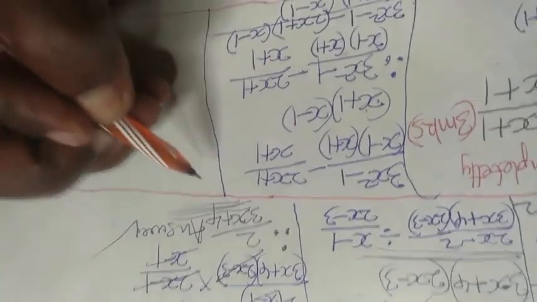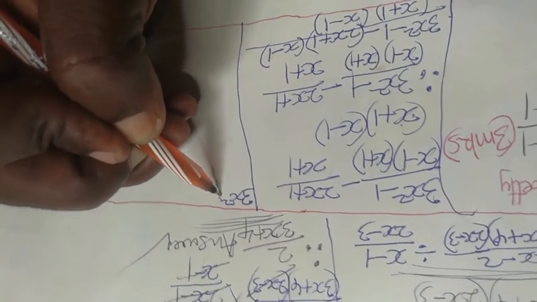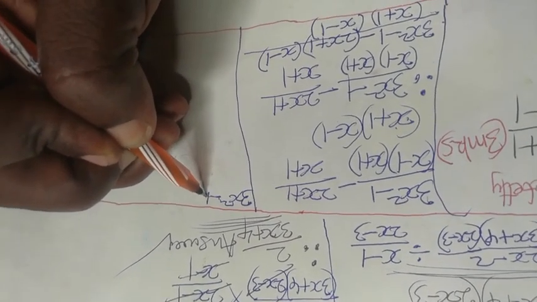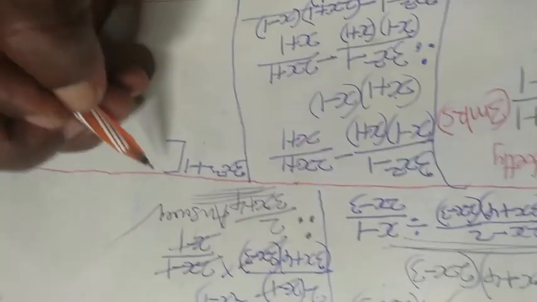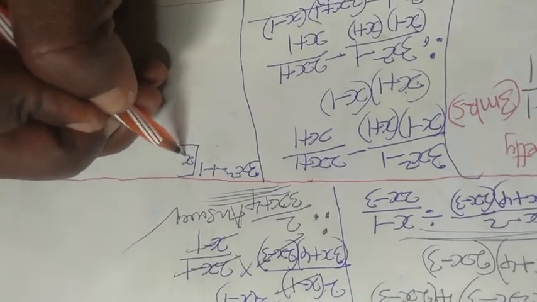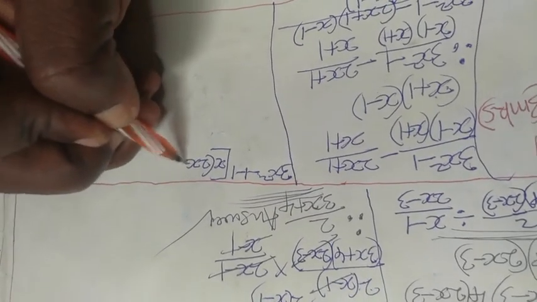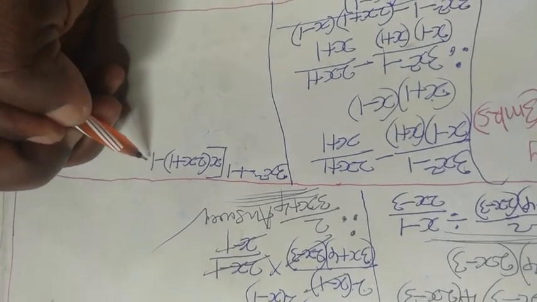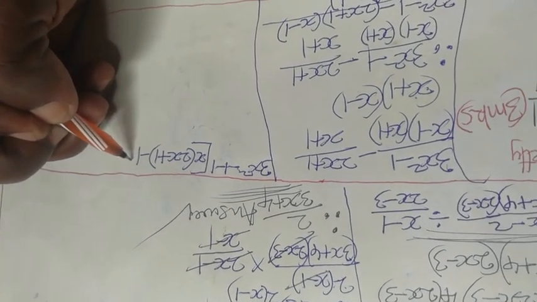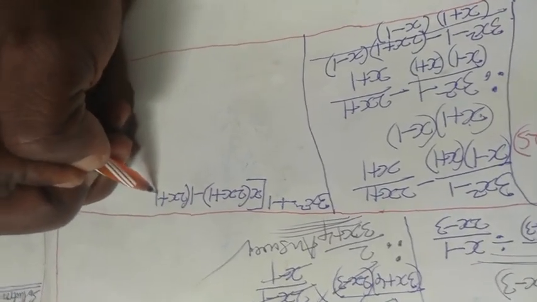Now I will say our numerator is 3x squared minus 1 into brackets x into brackets 2x plus 1 into brackets minus 1 into brackets 2x plus 1.